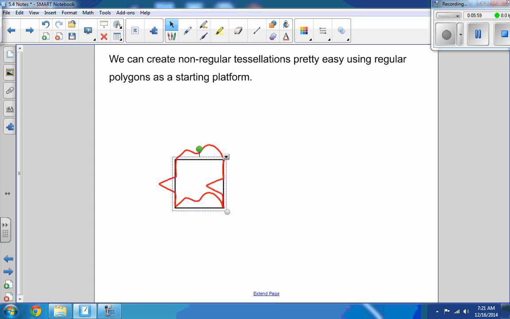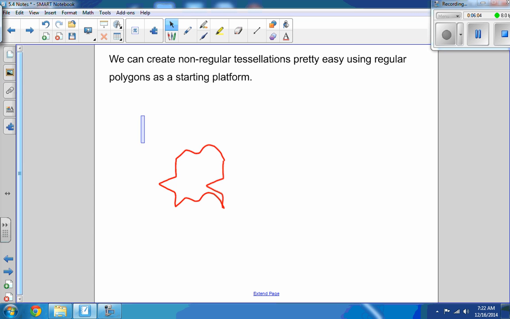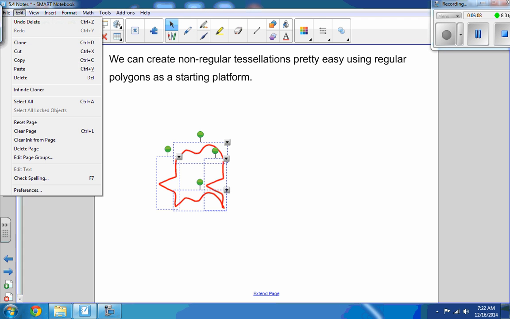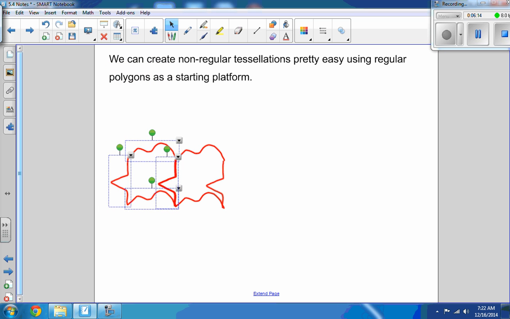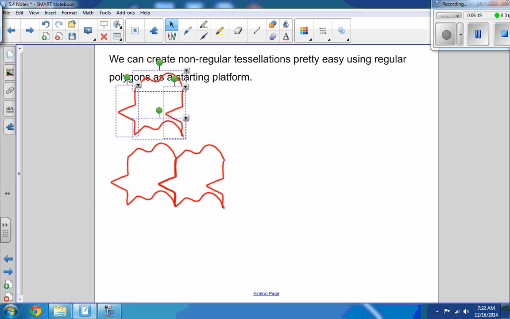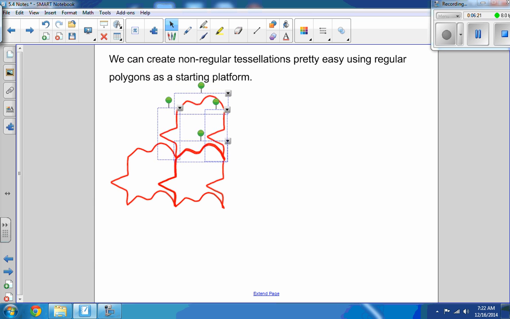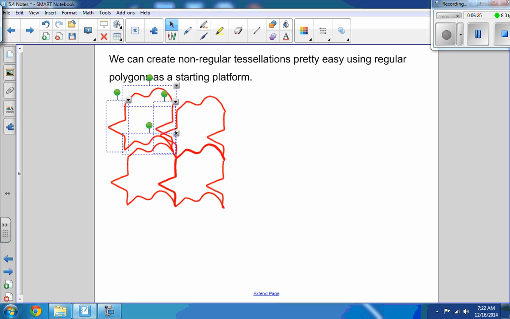I'm going to get rid of my square. Now I'm going to copy this. And look, see how it fits in? It fits in, and I've created a tessellation.